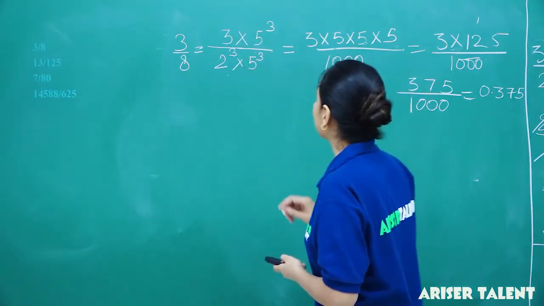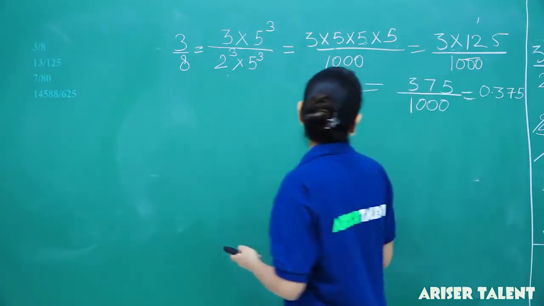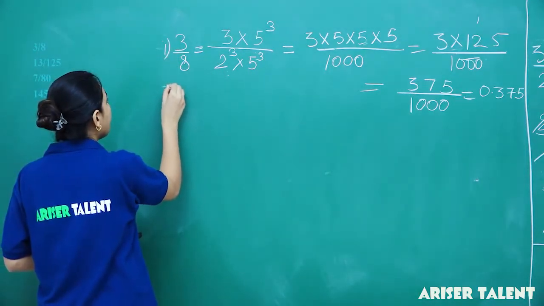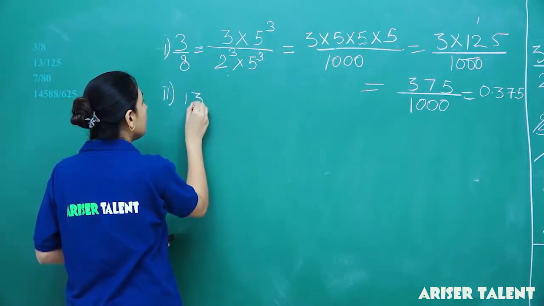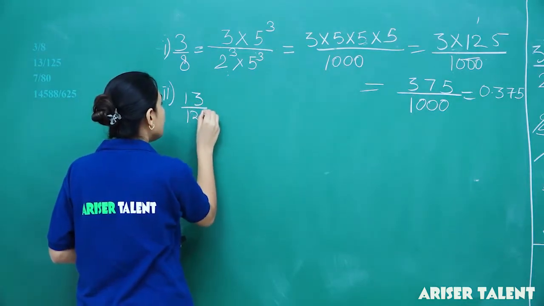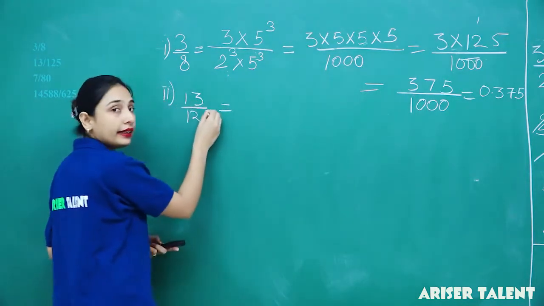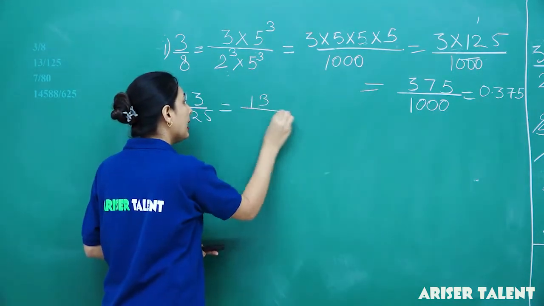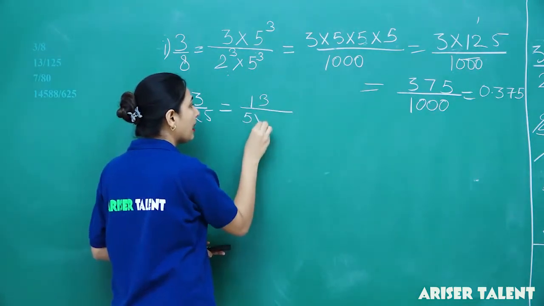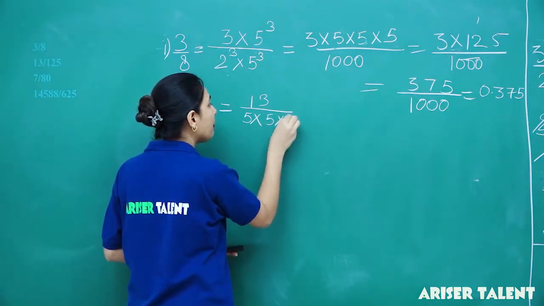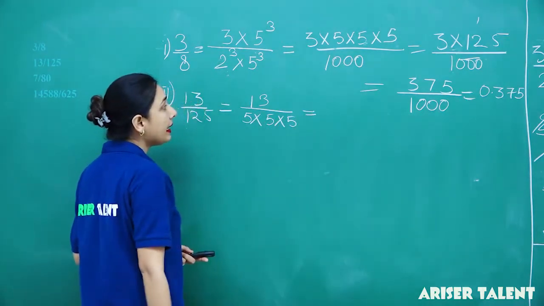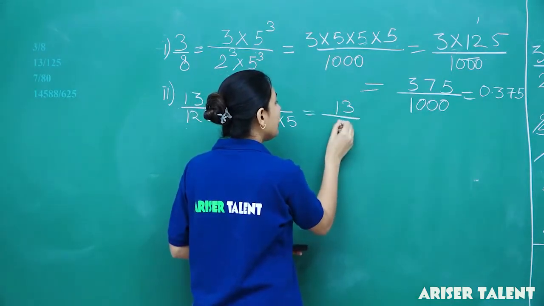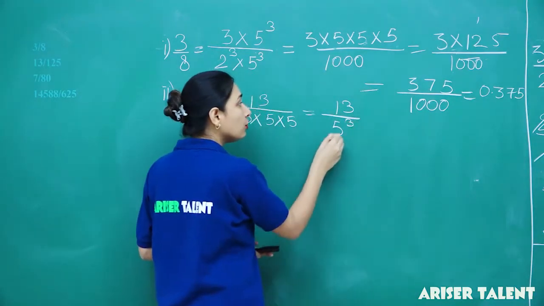Now, again, 13 by 125. This was the first one. The second one is 13 divided by 125. How will we factorize 13? 13 is a prime number, so 13 only. And 125 will be 5 multiplied by 5 multiplied by 5. So we will write it as 13 multiplied by 5 raised to power 3.